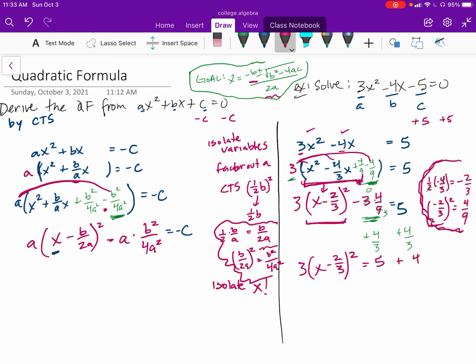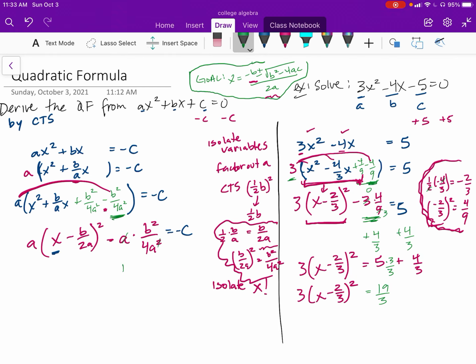So, of course, we need an LCD. Alrighty. And that would be 19/3, right? 15 plus 4 is 19/3. All right. On the left-hand side, we have an a that would cancel.